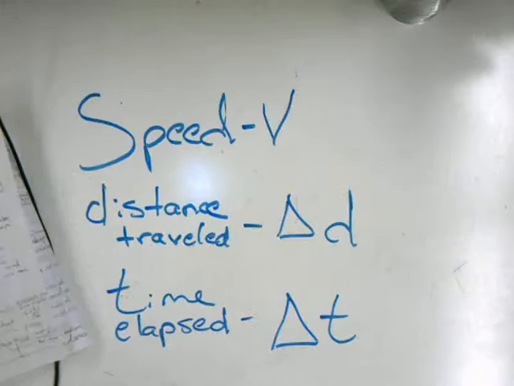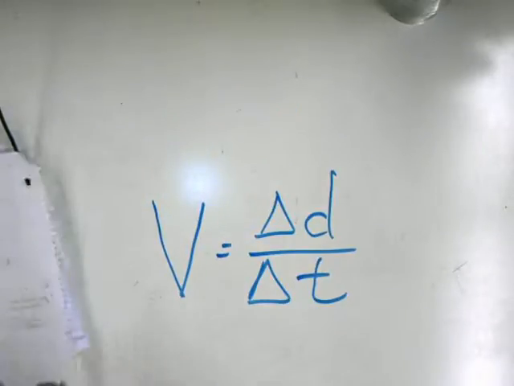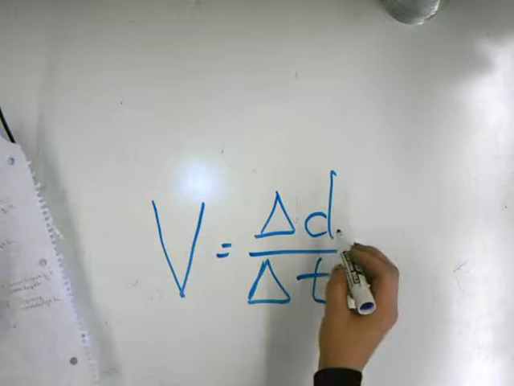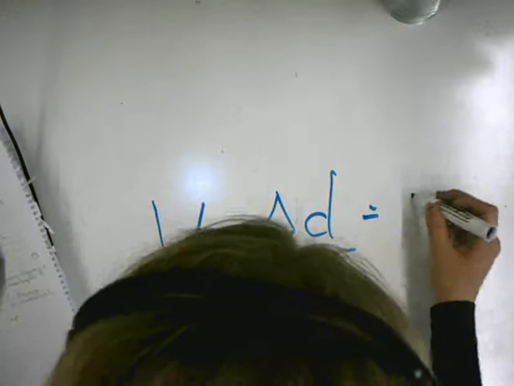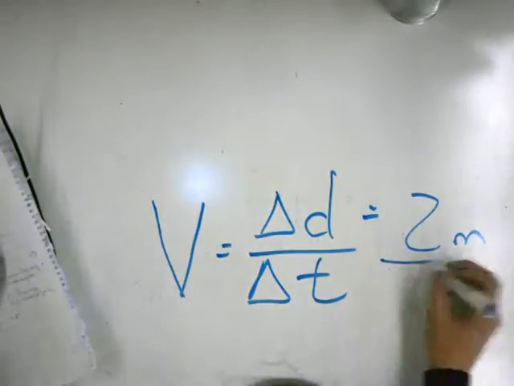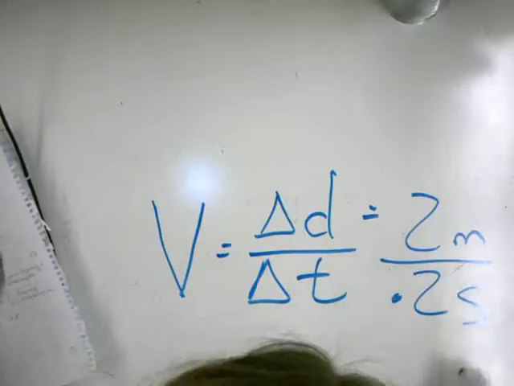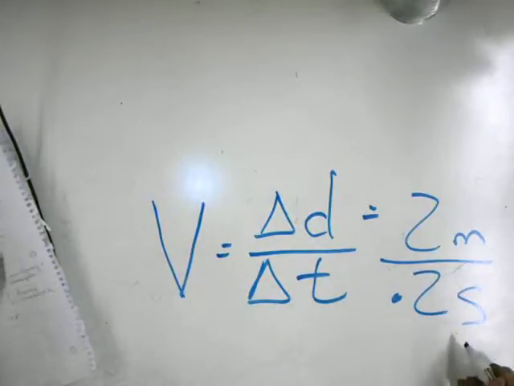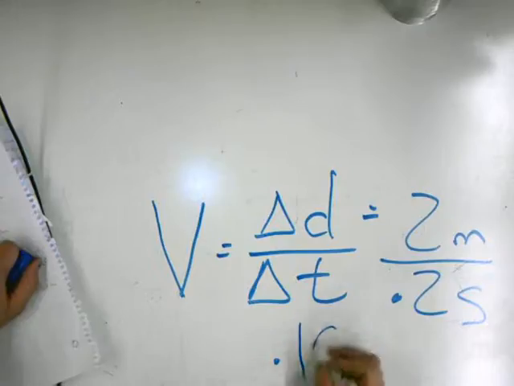Let's say that we know that the distance is equal to 2 meters, and that the time elapsed is equal to 0.2 seconds. All you do is the math equation, pretty easy. 10 meters per second. Pretty easy.